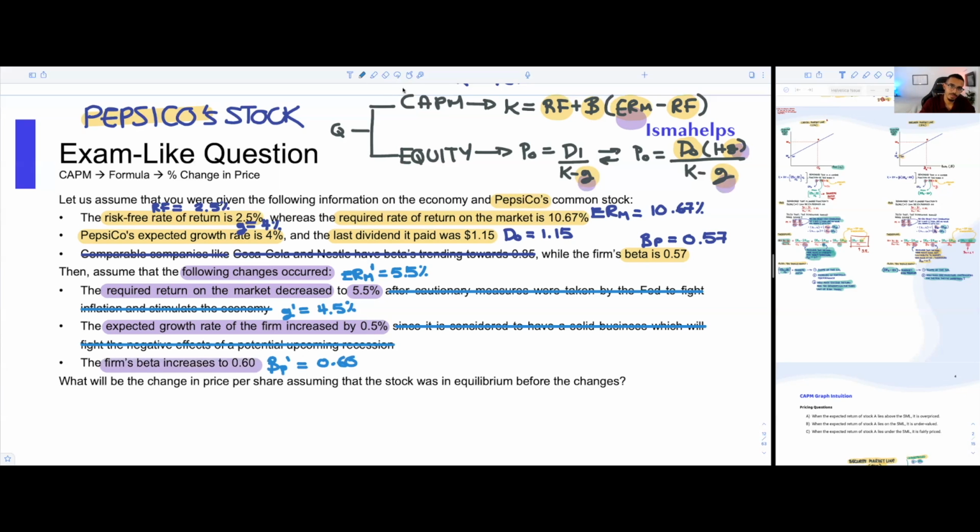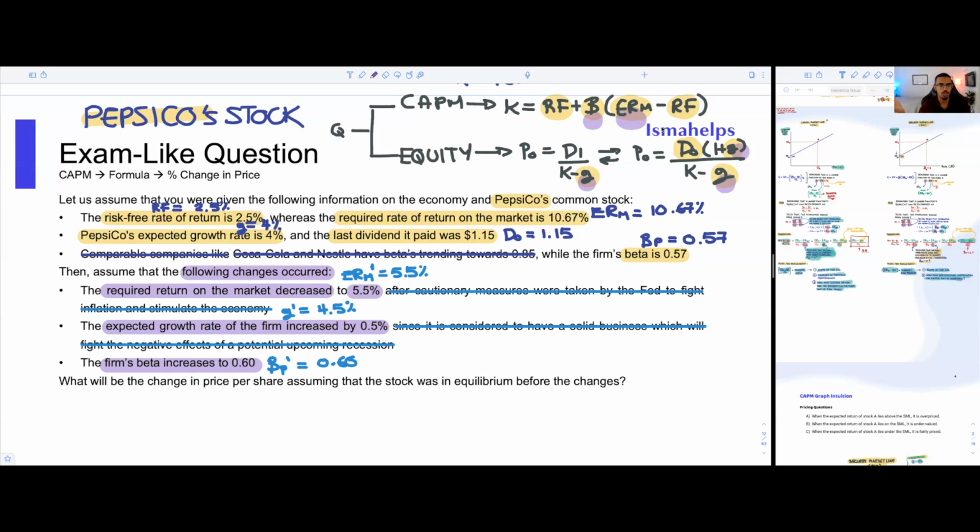Such that now we can also highlight that within our formula. And notice that nothing happened to our risk-free rate, so that's pretty cool. There were just 3 changes, okay? These 3 changes were the ERM, which jumped to 5.5%, our G, which jumped to 4.5%, and our beta for Pepsi, which went to 0.60.